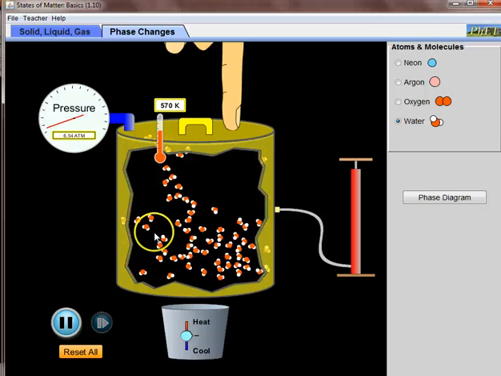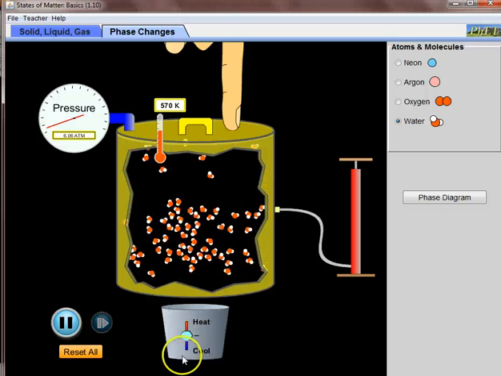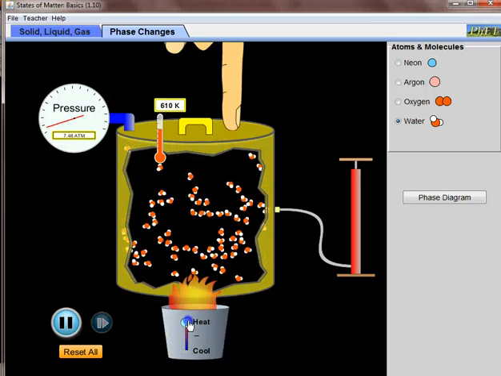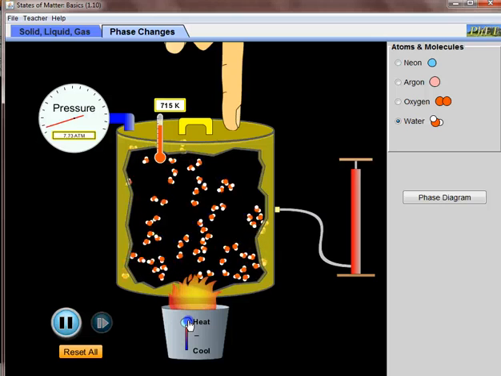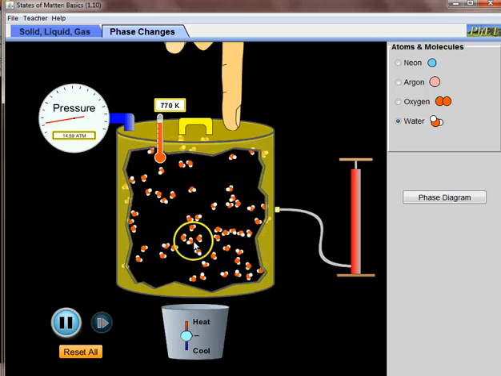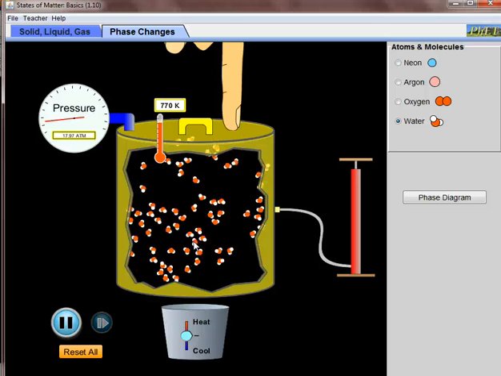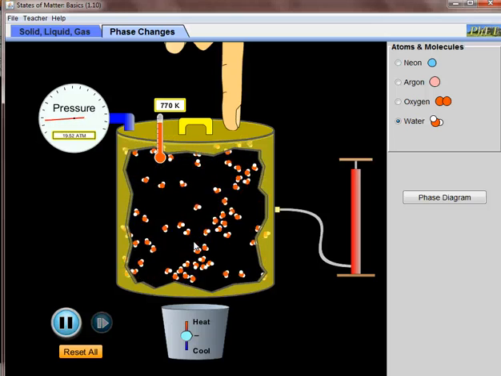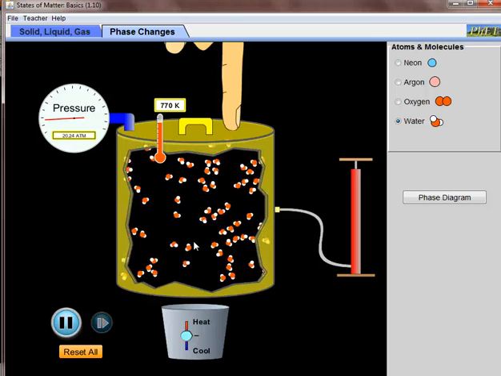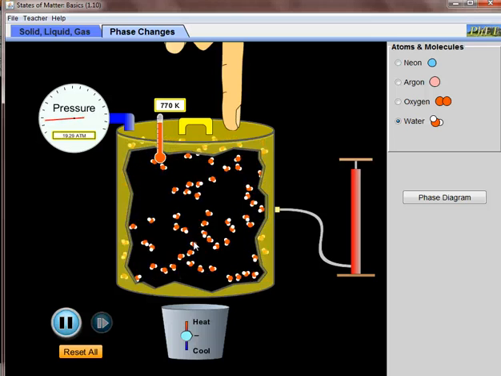The harder they hit, the higher the pressure. Now the more temperature you increase, what is going to happen? The pressure is going to increase. The number of particles is the same in the container, correct? But the pressure is still increasing. Why? Because the particles are hitting the wall with higher kinetic energy.